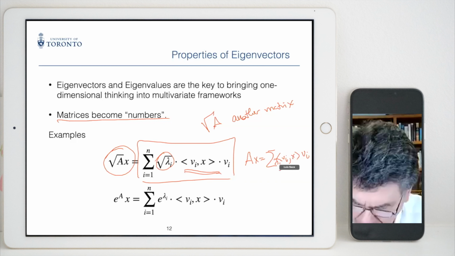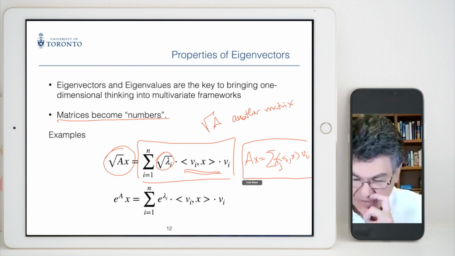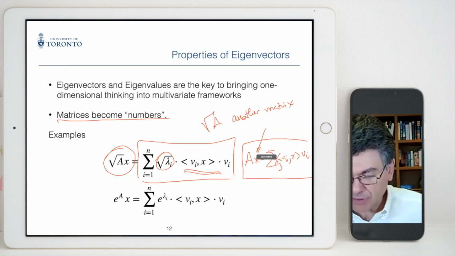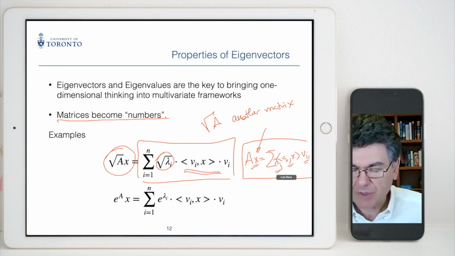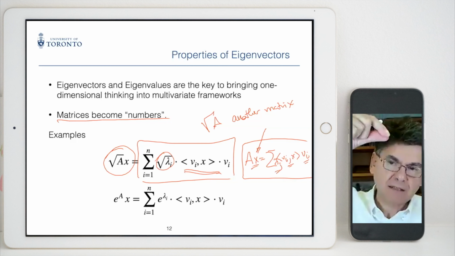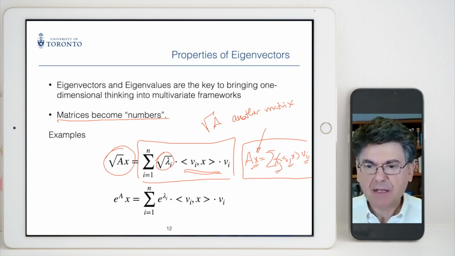Okay, so this is another way of writing my matrix. This is how my matrix will transform a generic vector X. It transforms the generic vector X by acting on each of its individual directions with the eigenvalues giving me the dilation in that part of the space and keeping the eigenvector direction constant.